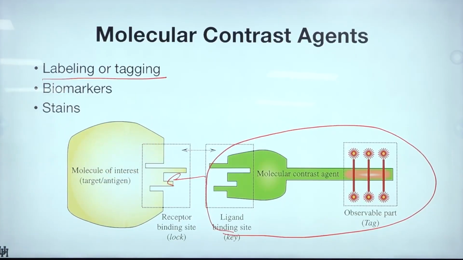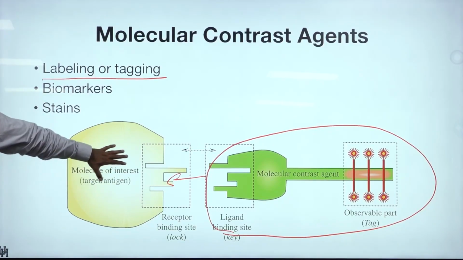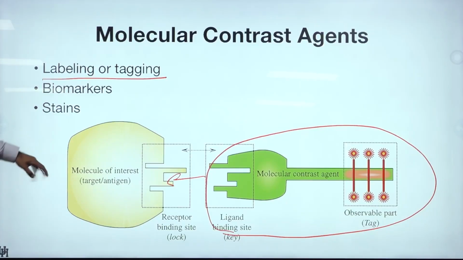All you need to do is measure the location of the fluorophore, and that way you automatically know the location of the object, which actually doesn't have a good signal. So this way you can improve the quality and the contrast of your signal quite well using molecular contrast agents.